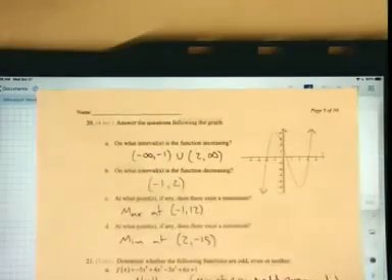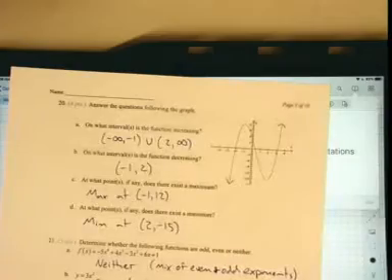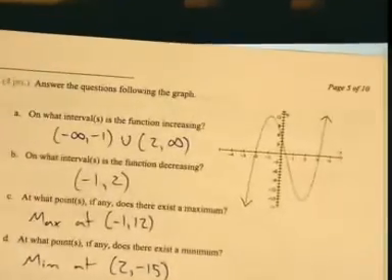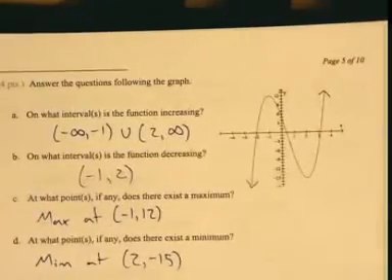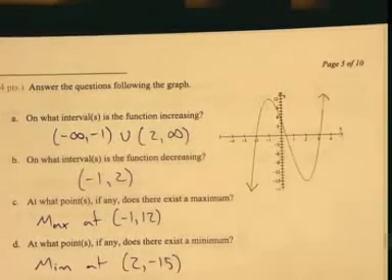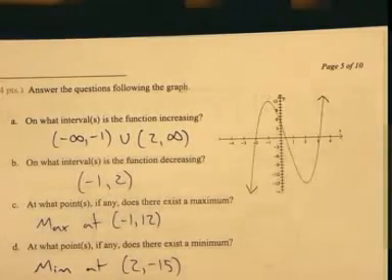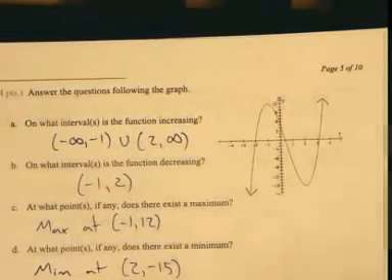The biggest issue with problem number 20 was the increasing and decreasing aspect of these problems. So I'm just going to zoom in here. On what intervals is the function increasing, and on what intervals is the function decreasing?